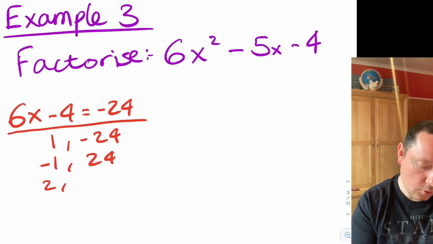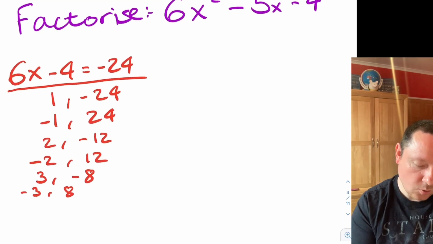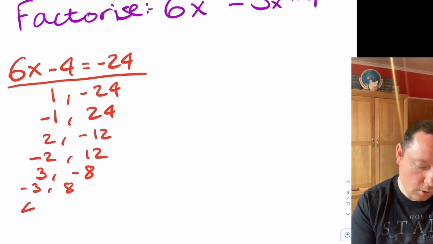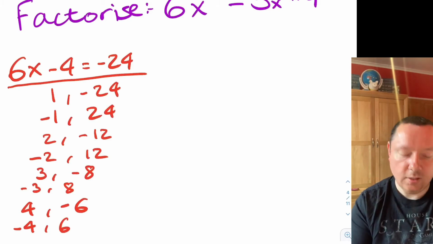You've got 2 and minus 12, but you've also got minus 2 and 12. You've got 3 and minus 8, but you've also got minus 3 and 8. And then the last one, you've got 4 and minus 6, but you've also got minus 4 and 6. And that is all the factors of negative 24.